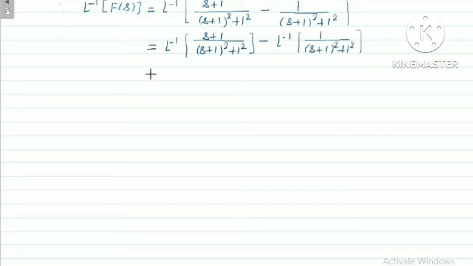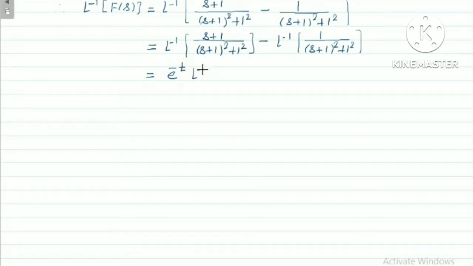So what are the inverses of these? Use the shifting property. See here, I am using the shifting property of inverse. Here s plus a has the plus sign, so the exponential will be e raised to minus t.